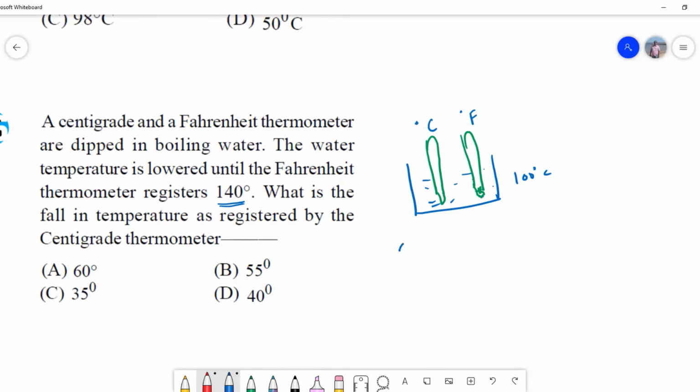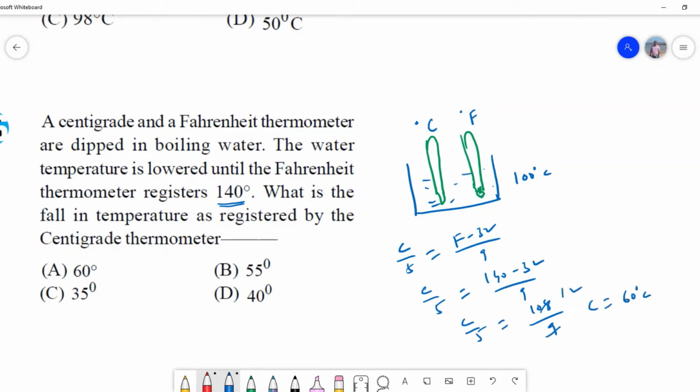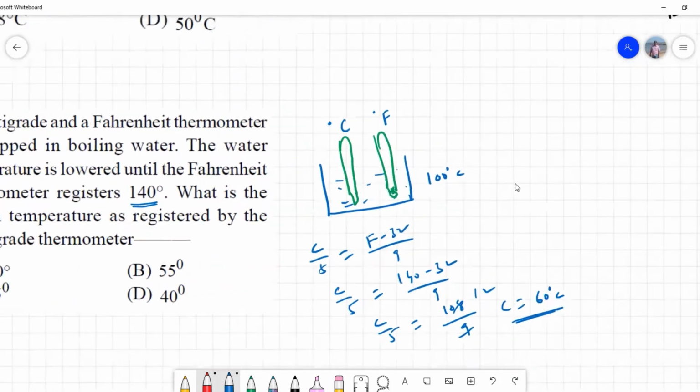Let us calculate. C by 5 is F minus 32 by 9. So C by 5 is 140 minus 32 by 9. So C by 5 is 108 by 9, and this will go by 12 times. So C is equal to 60 degrees centigrade, but that is not the answer. This is the reading corresponding to 140 degrees Fahrenheit.